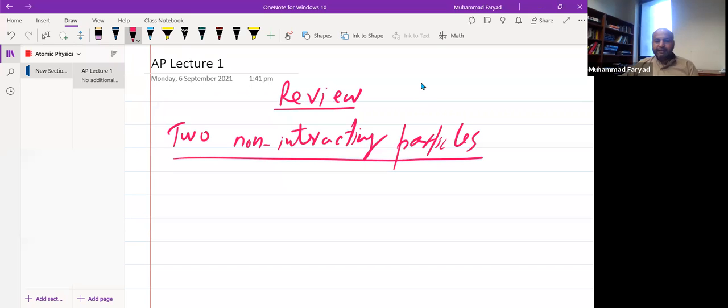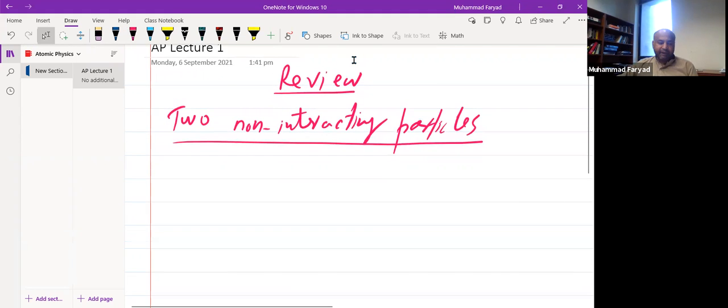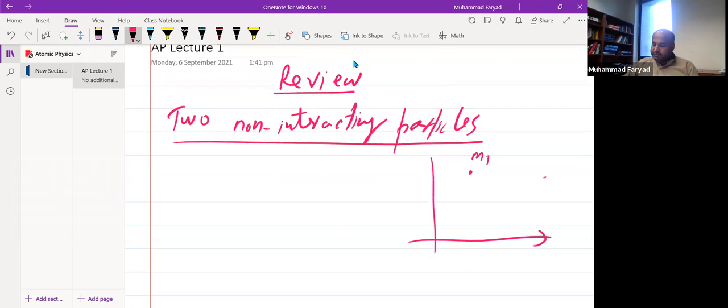So I know that in an atom, for example the hydrogen atom, we have two interacting particles, but let's go even a step back and say we have two particles. Let's say a particle of mass m1 located at R1, and another particle of mass m2 located at some position R2.